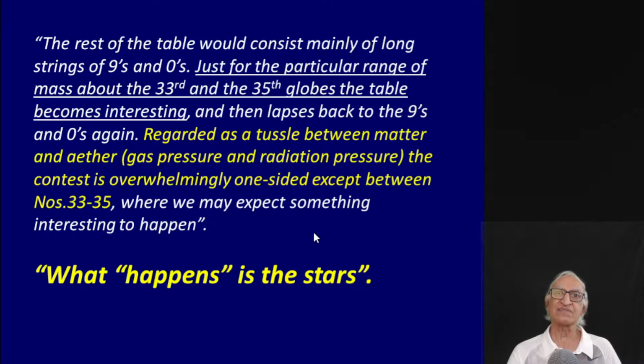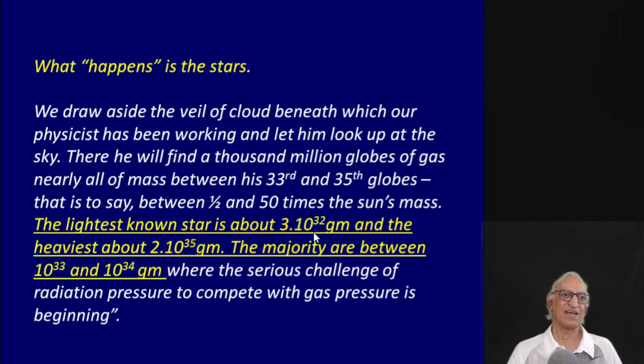What happens is the stars. We draw aside the veil of cloud beneath which our physicist has been working and let him look up at the sky. There you will find 1,000 million globes of gas, nearly all of mass between his 33rd and 35th globe. That is to say, between half and 50 times the sun's mass.